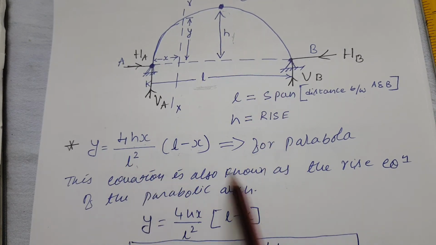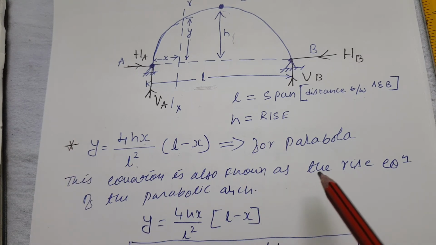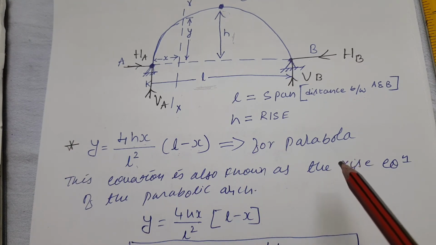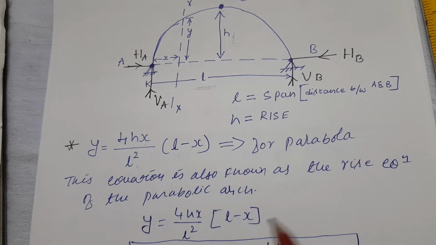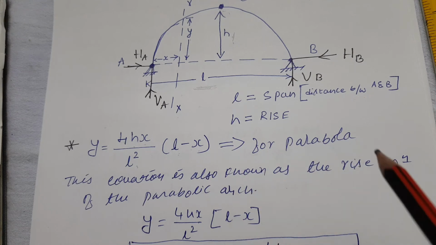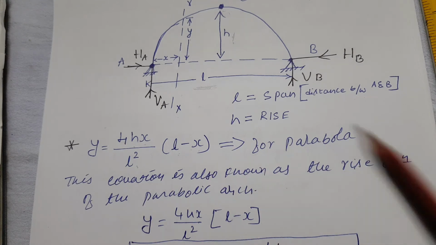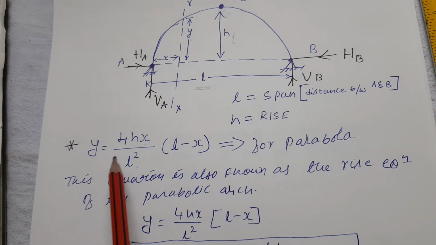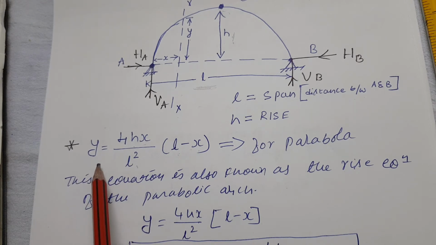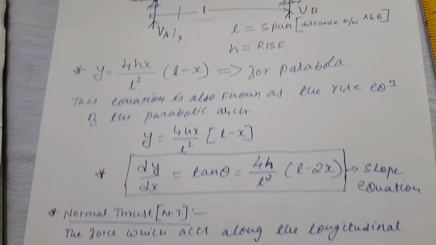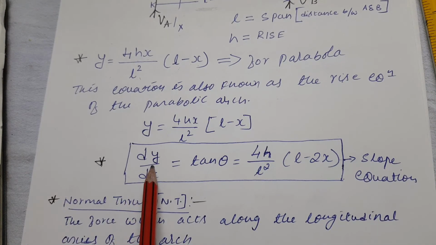So this is the equation you need to remember in order to find the rise at a given particular point, wherever it may be in the arch. And if you differentiate this equation with respect to x, dy by dx, you will get another equation called the slope equation.